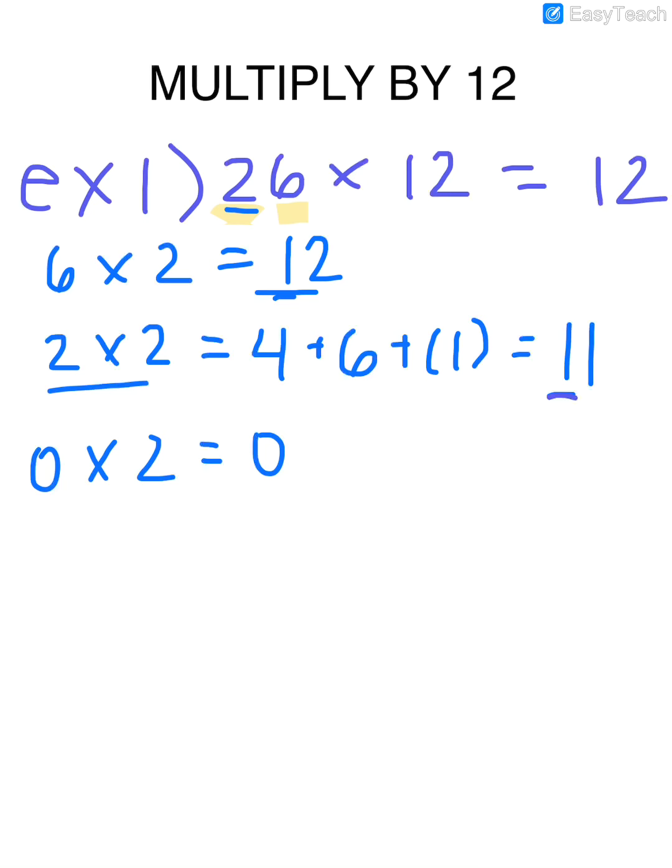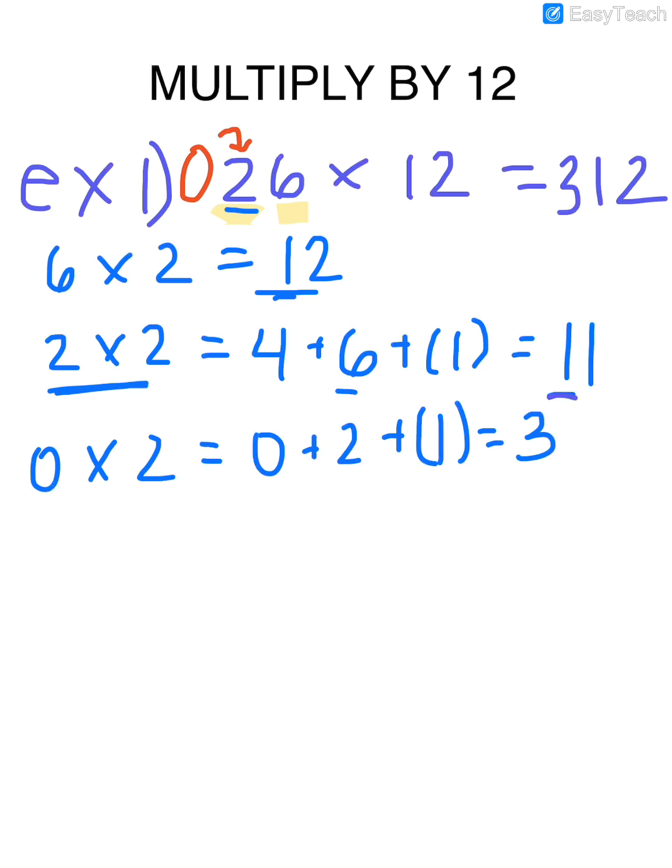Then we're going to add the number right next to it, just like we added 6 before. Since our imaginary 0 is over here, we're going to add whatever number is to the right of it, which is 2. So we're going to do 0 plus 2, and since that 1 was carried, plus 1, which is 3, and then our answer is 312.